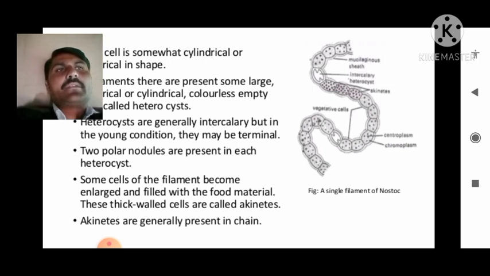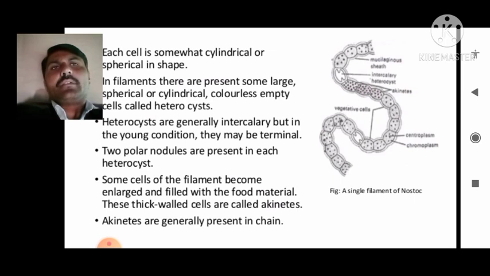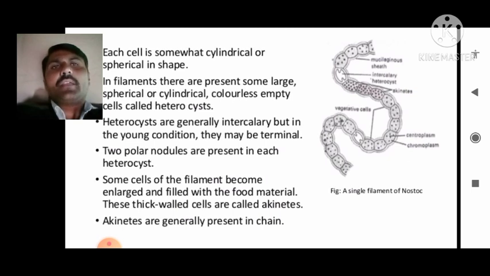The filament is covered with the mucilaginous sheath. The mucilaginous sheath is a protective layer and somewhat waxy. Heterocyst is present, and just beneath or near the heterocyst you can observe the akinete spores. Each cell is somewhat spherical, cylindrical in shape.